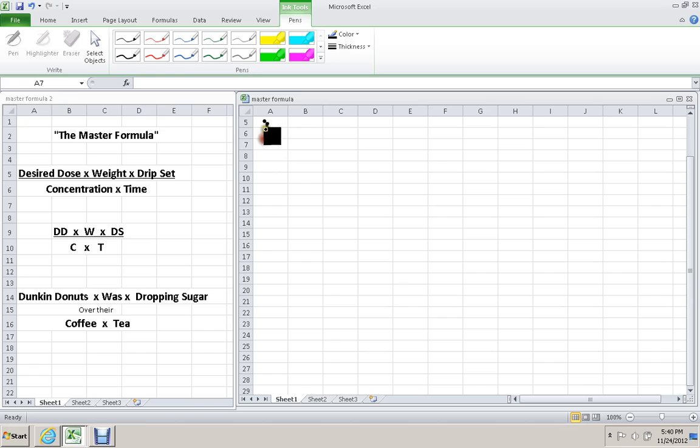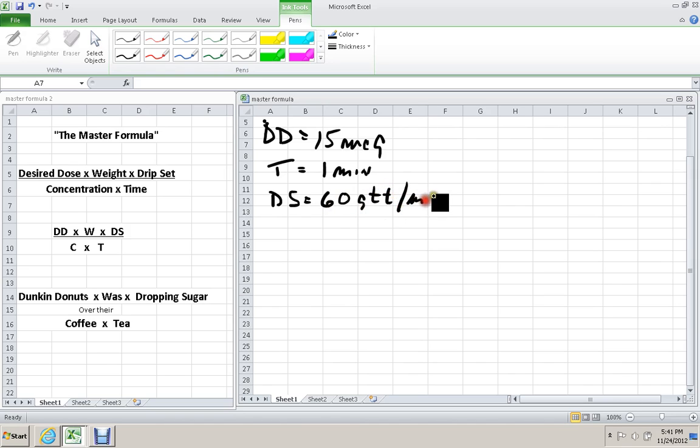The desired dose is equal to 15 micrograms. The time that we're administering this is 1 minute. We're using a microdrip set, so the drip set is equal to 60 drops per milliliter.